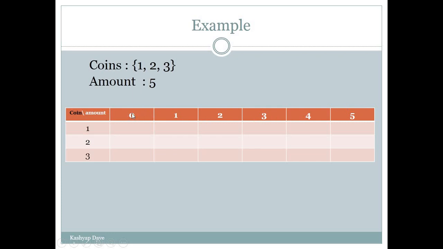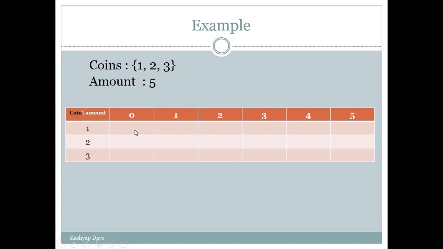We will start with 0 and go up to the maximum amount: 0, 1, 2, 3, 4, and the maximum amount is 5. If the given amount were 10, we would go from 0 to 10 in rows.